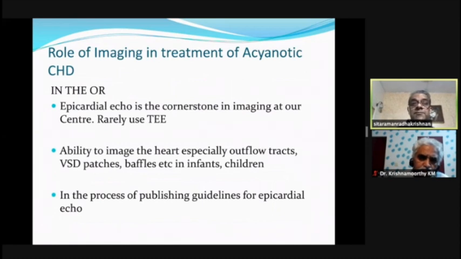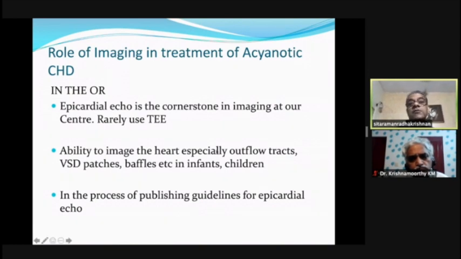There is another subset of patients where imaging is absolutely essential, at least in our own practice, in the operation theater. What do we do there? We use the epicardial echo as a cornerstone of imaging in the center. We rarely use transesophageal echo.